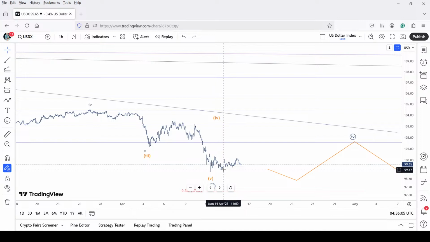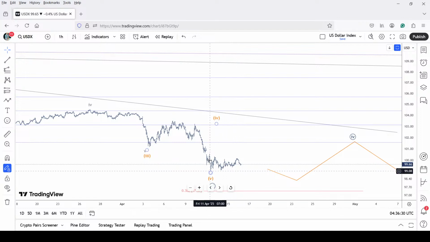We need to see a price break below 99.17 for a continued push lower towards the 97 and 95 going forward. But corrections are really a complex structure. It can take a very complex structure, and who never knows.